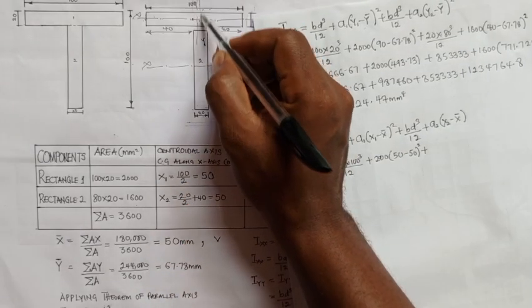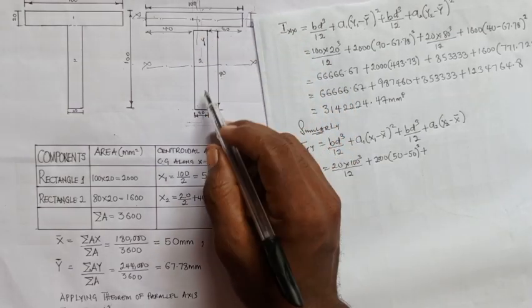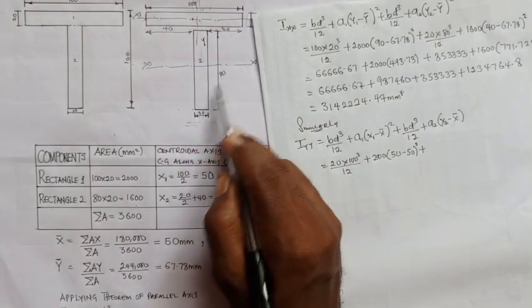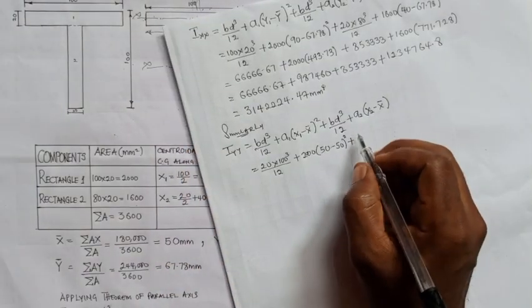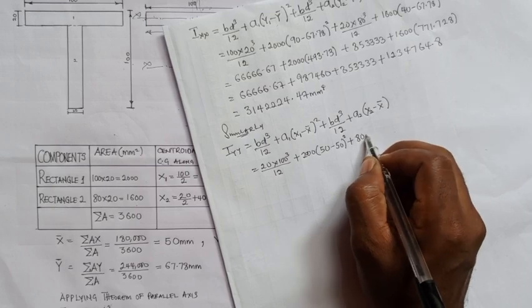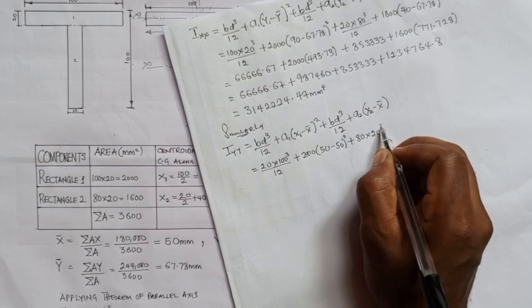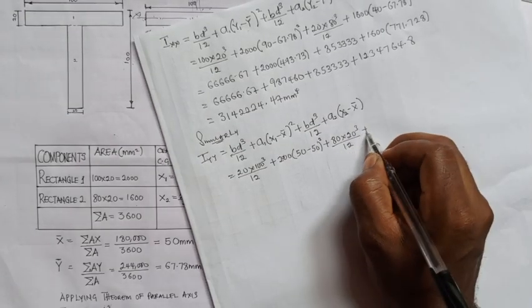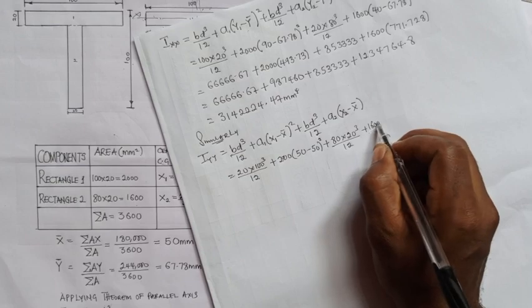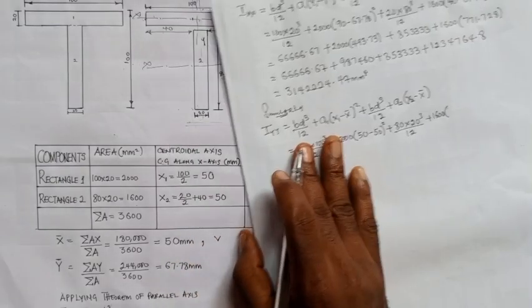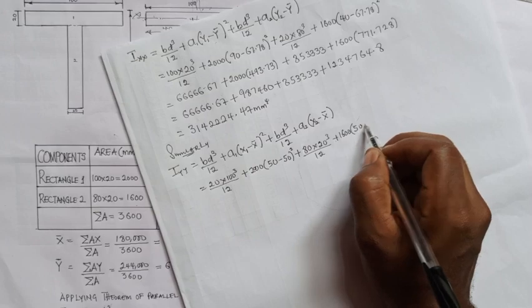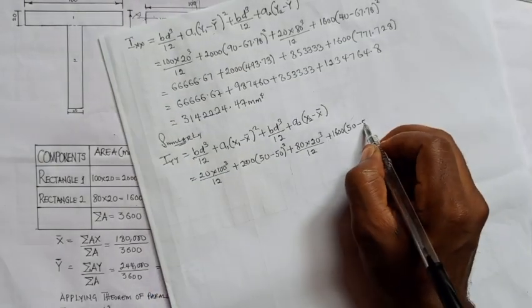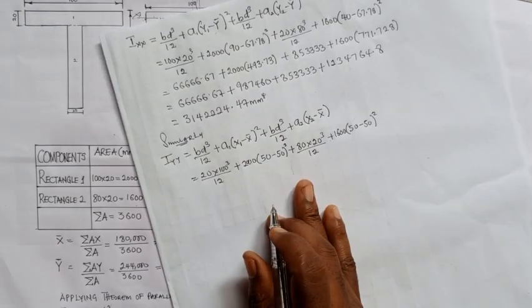So if I section along YY along this figure 2, the side parallel to YY will become my base, and that is from here to here, which is 80. So it will be 80 multiplied by 20 cube, right, all over 12 plus A2, giving us 1600 into bracket x2, which is 50, minus x bar, that is also 50, all squared.